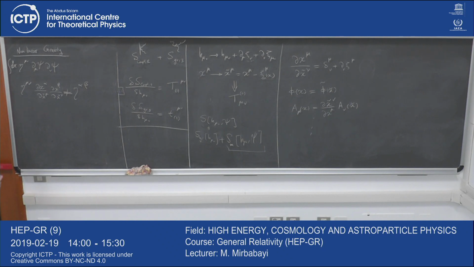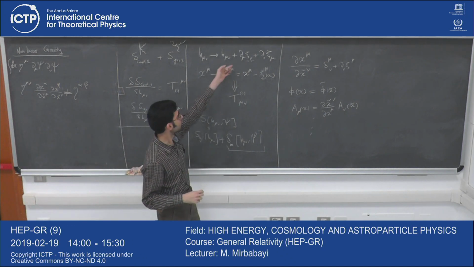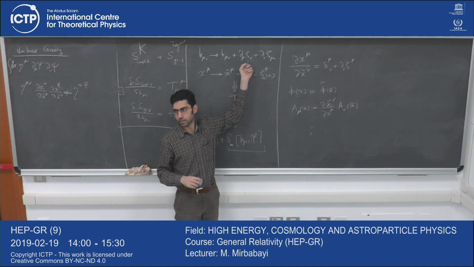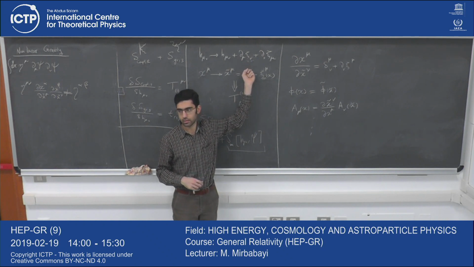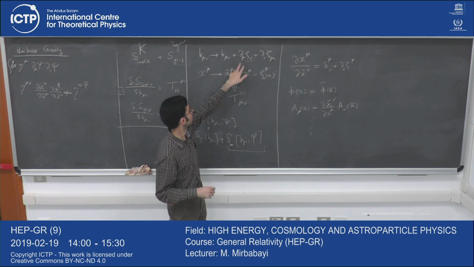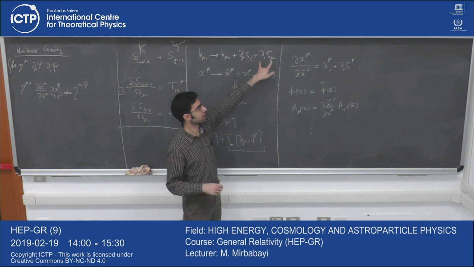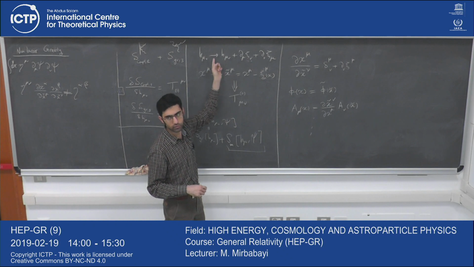So what is the task? The task is to use the fact that we have this h mu nu, which also transforms, and it transforms in a non-trivial way. It does not transform like a tensor under the coordinate transformation. In particular, there are extra terms which are nonlinear in h mu nu.